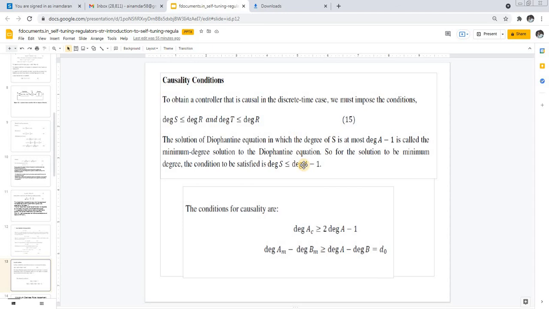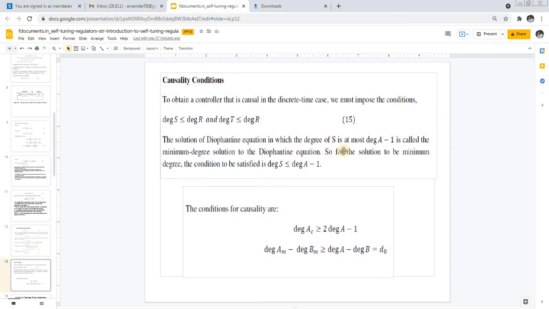So the conditions for causality, we will take in a direct manner, with no need for derivation of these conditions. Degree of AC greater than or equal to twice degree of A minus 1. To find the minimum degree solution to this Diophantine equation, the degree of S should be less than degree of A minus 1.